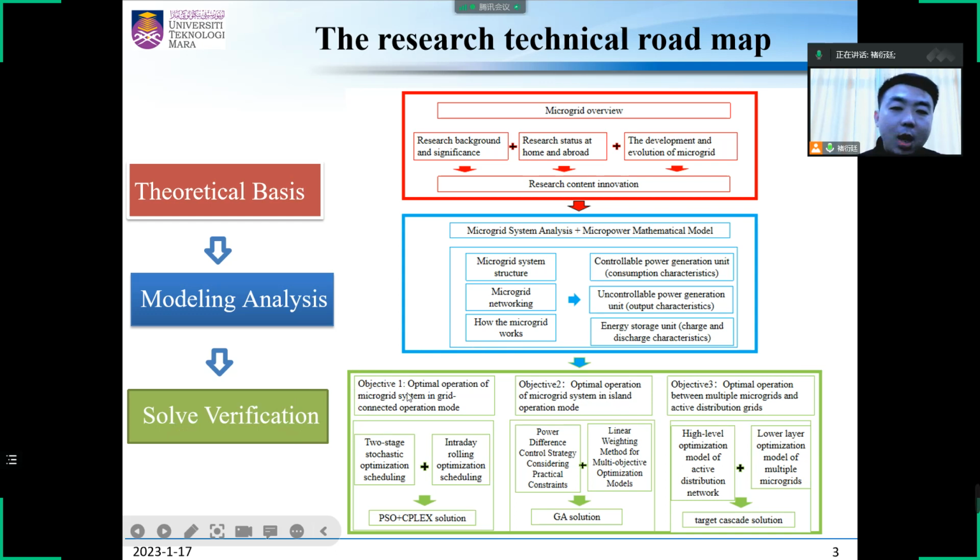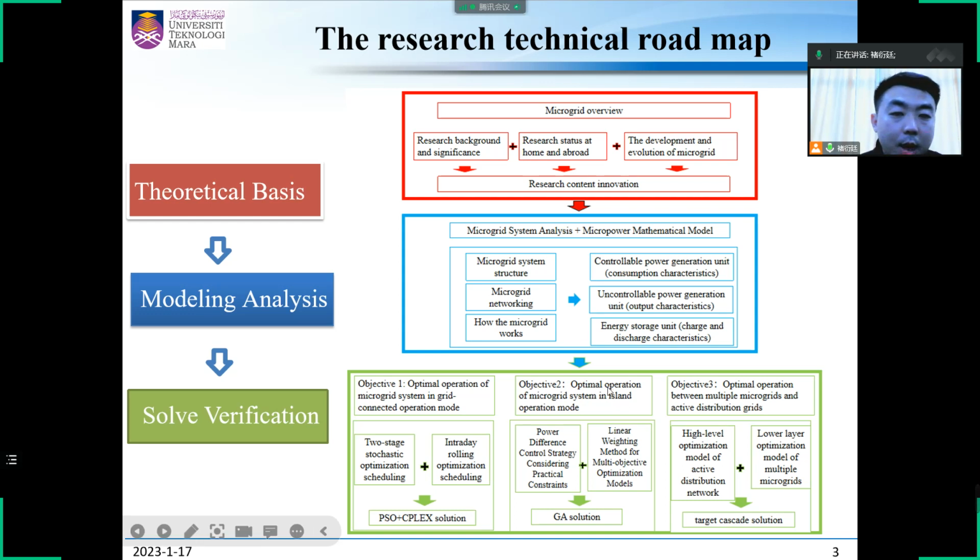We can see the three objectives. First one, objective one, optimal operation of microgrid system in grid-connected operation mode. Also involves the two-stage stochastic optimization scheduling and the intraday rolling optimization scheduling. We can use the PSO and the simplex to solve.